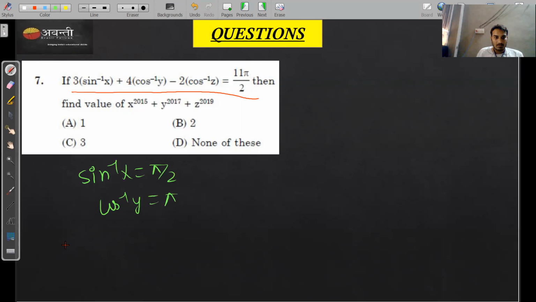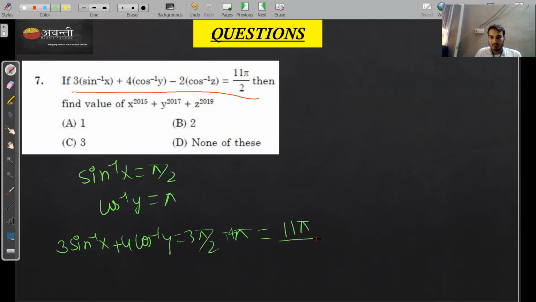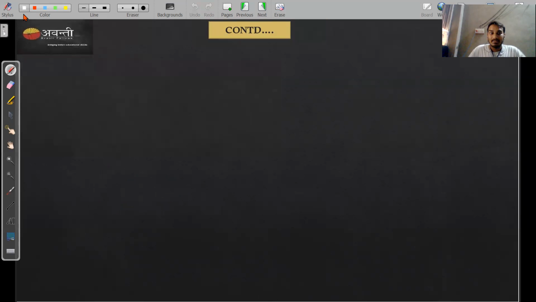So 3 sine inverse x plus 4 cos inverse y becomes 3 pi by 2 plus 4 pi, which is 11 pi by 2. And it is equal to RHS. Yes or no? It is equal to RHS, right? So what does this mean?